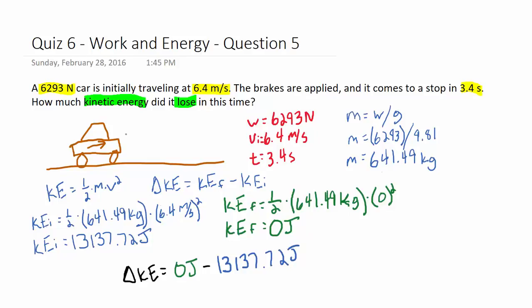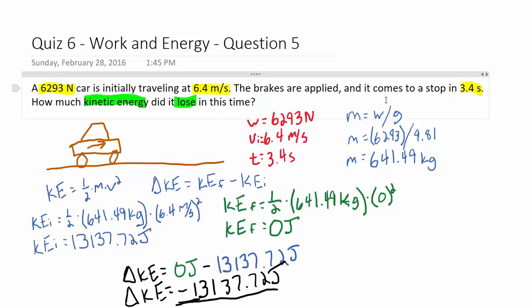And so the change in kinetic energy equals negative 13,137.72 joules. And that is our answer, negative. Don't forget the negative because it's asking how much did it lose, and it lost 13,137.72 joules.